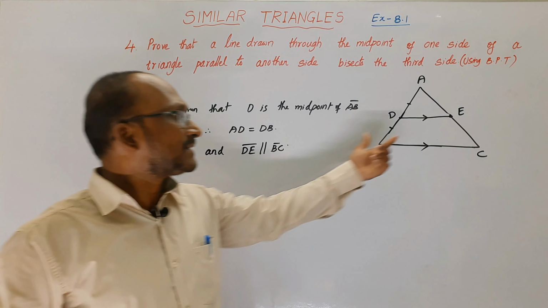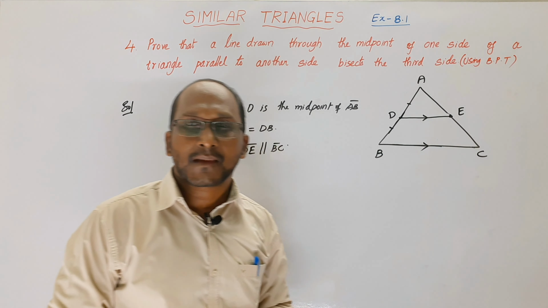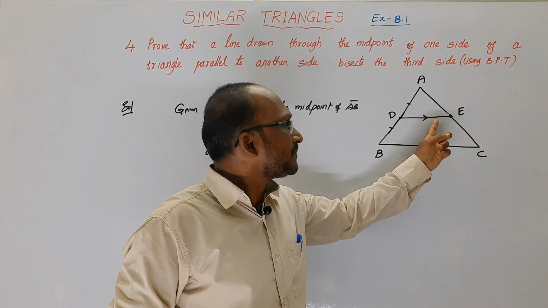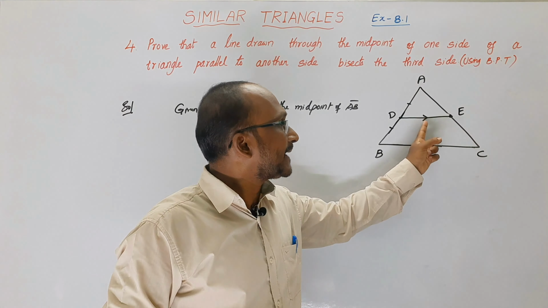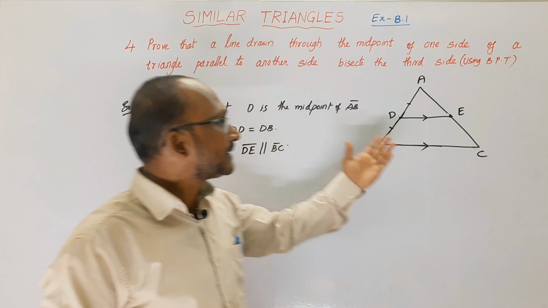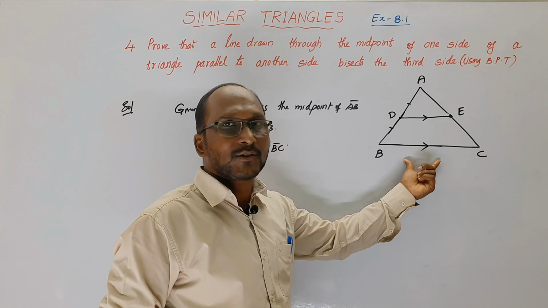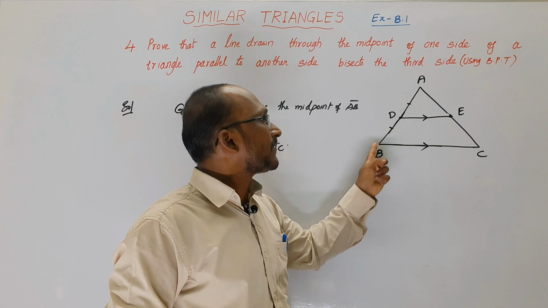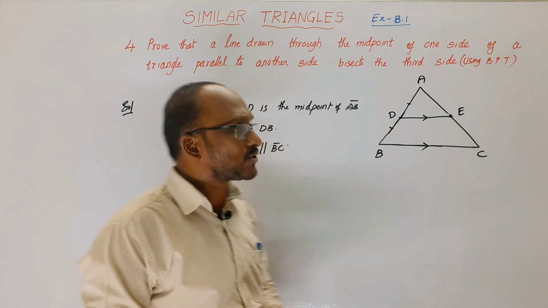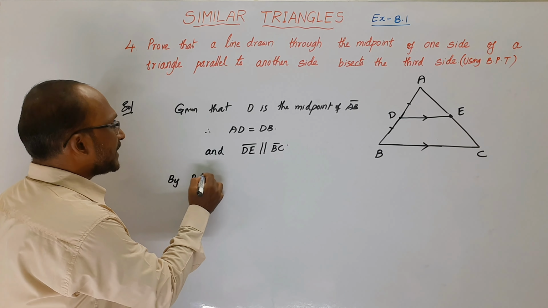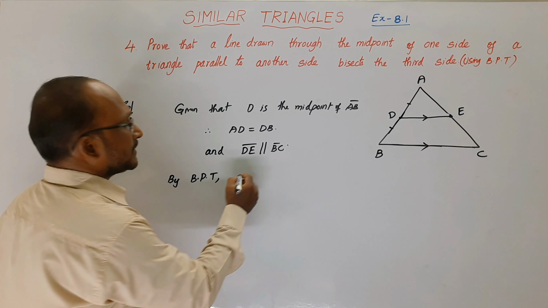As it is given that DE is parallel to BC, by the basic proportionality theorem, if a line is drawn parallel to one side, then that line divides the other two sides in the same ratio. That's why as DE is parallel to BC, DE divides these two sides in the same ratio. So by B.P.T, what can we write?